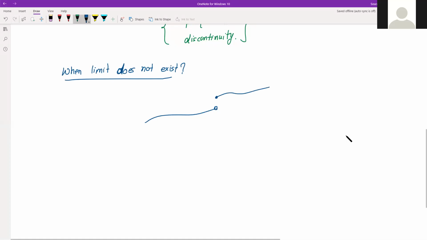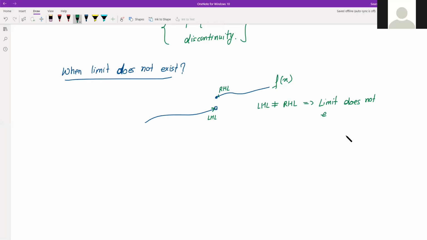So if this is a function, right, and this value will be its left hand limit, this value will be its right hand limit, and we say that the left hand limit is not equal to the right hand limit, and that's why the limit does not exist.